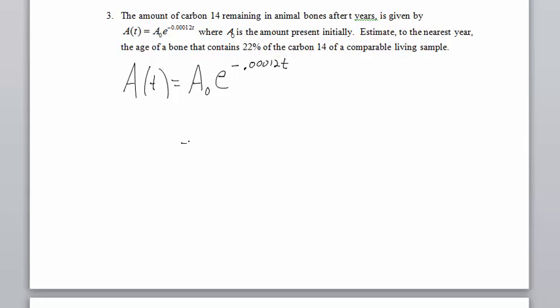We're given the growth rate, and that's all we really need, or I should say the decay rate. Okay, because if I want to know an age of a bone that has 22% of the initial amount, then here's the initial amount, here's 22% of the initial amount. Okay, so let's digest that for a second. If we had numbers in here, it might make a little more sense.